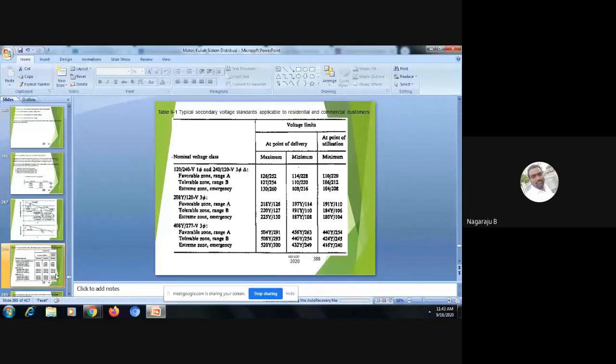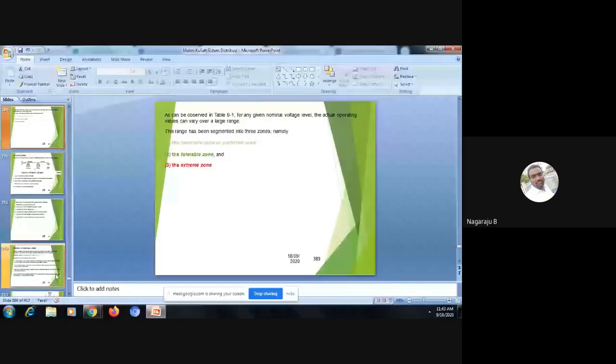For the favorable zone at 120 by 240, maximum voltage is 126 by 252, minimum voltage is 114 by 228, and at the point of utilization 110 by 220. These are the things you need for the calculation. The favorable zone is preferred, the tolerable zone is somewhat preferable, but the extreme zone is not preferable for anything. These are the things you need to find.